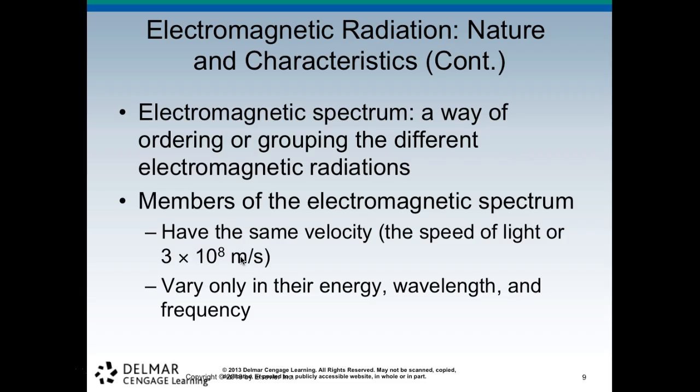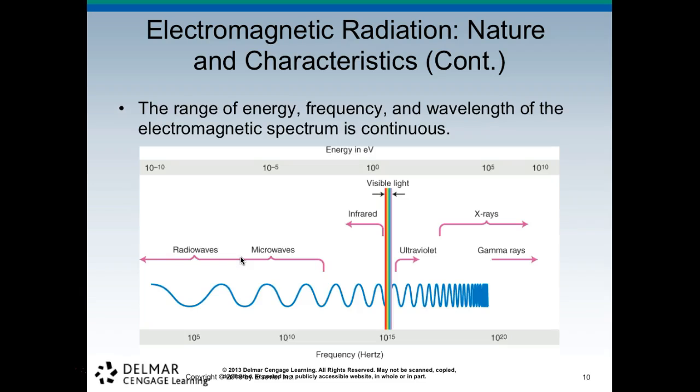So the electromagnetic spectrum is a way of ordering or grouping the different electromagnetic radiations. Members of the electromagnetic spectrum have the same velocity, so they're all at the speed of light, which is 3 times 10 to the 8th m/s. They vary only in their energy, wavelength, and frequency. So that's what makes them unique.